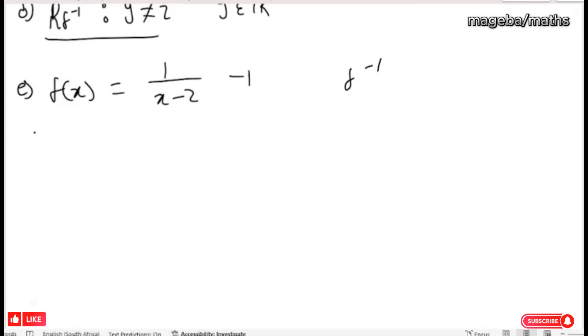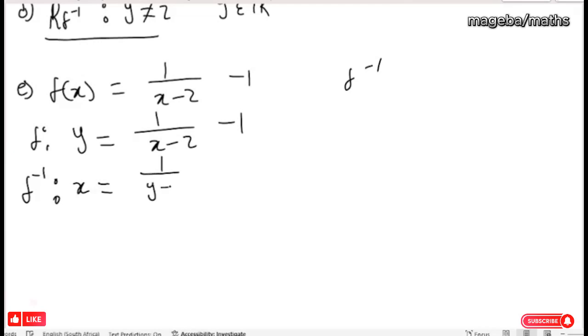I'm going to say y equals 1 over x minus 2, then minus 1. From here I introduce the inverse, meaning I'm interchanging the x values and the y values. So x equals 1 over y minus 2, then minus 1. Now remember, I need to make y the subject of my formula.